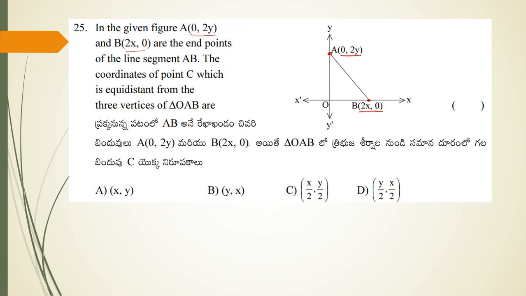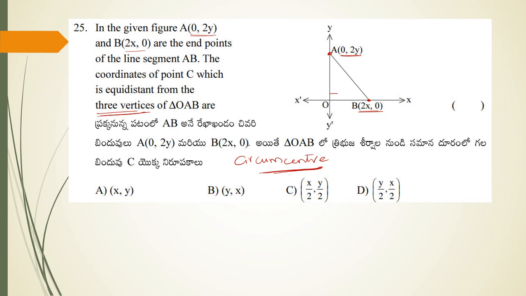The coordinates of the point C, which is equidistant from the 3 vertices of triangle OAB. So what is he asking you to find? He is asking you to find the coordinates of the point C, which is equidistant from the 3 vertices. So an equidistant point from the vertices is nothing but my circumcenter.